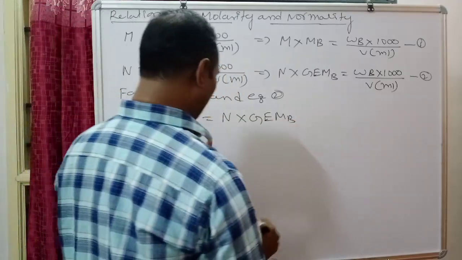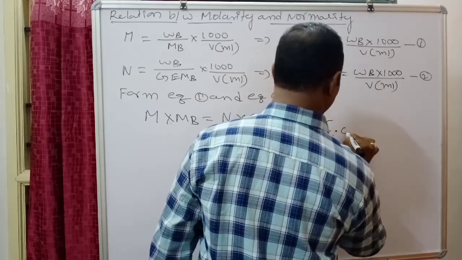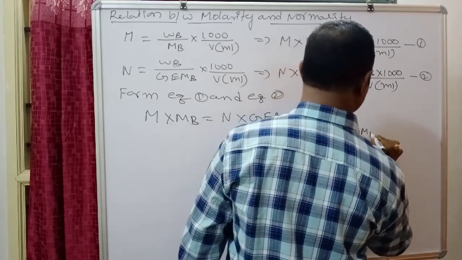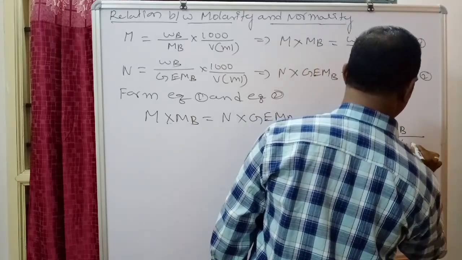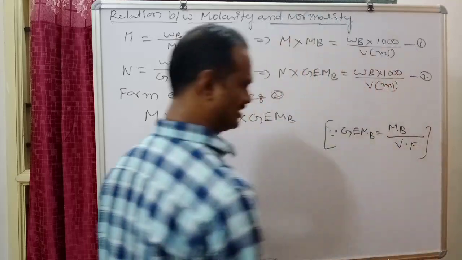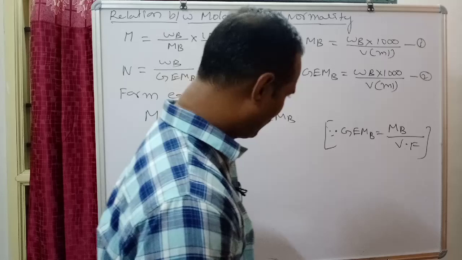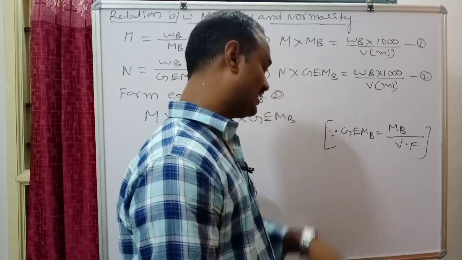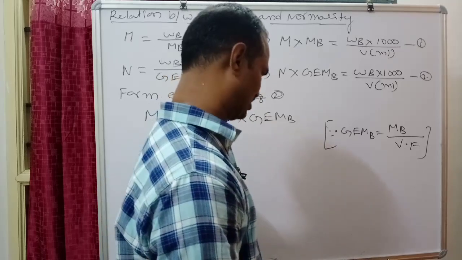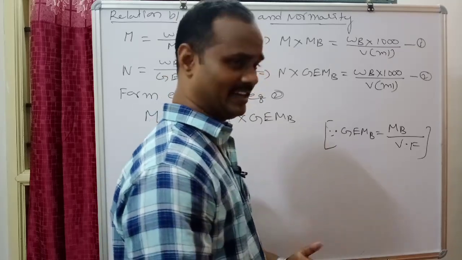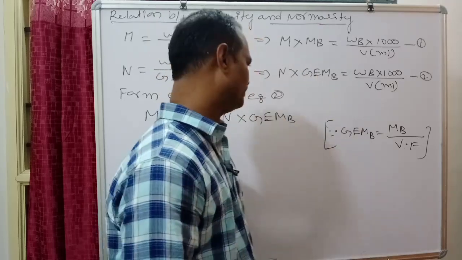Sir, you know one more formula here. Gram equivalent mass of solute is equal to molar mass of solute by valency factor. Valency factor means acidity of base, basicity of acid, number of electrons lost or gained in a redox reaction, charge present on an ion. That is all we'll see in the equivalent concept.